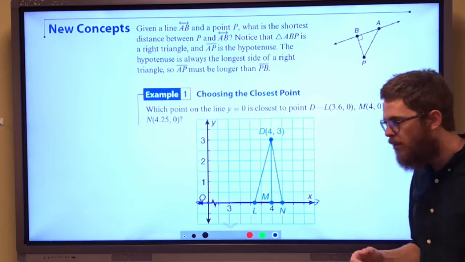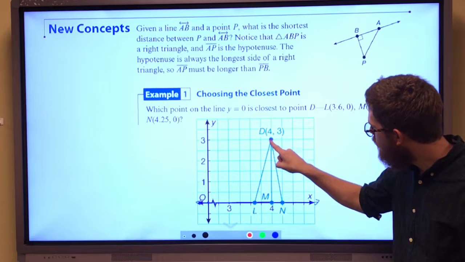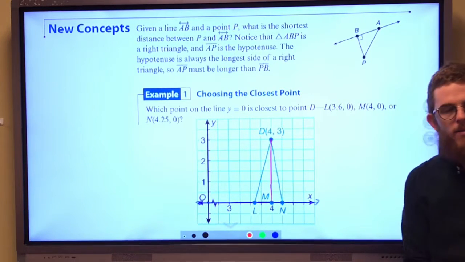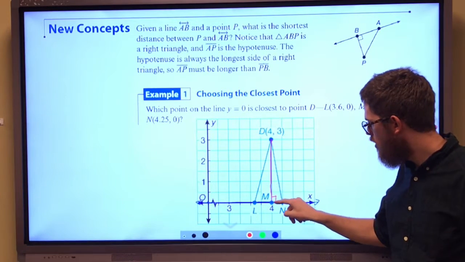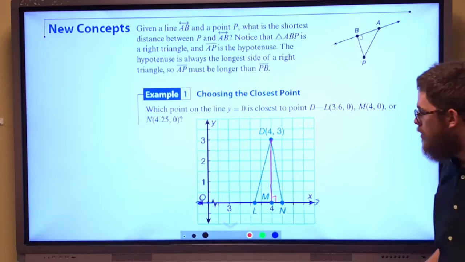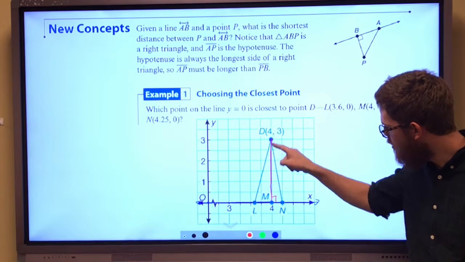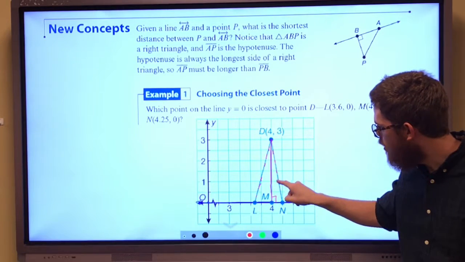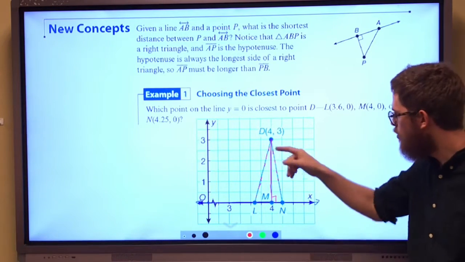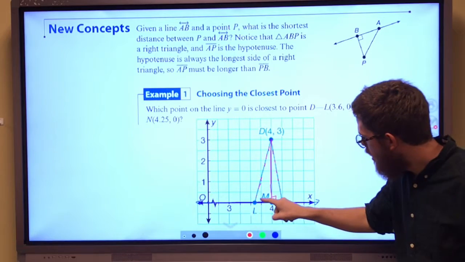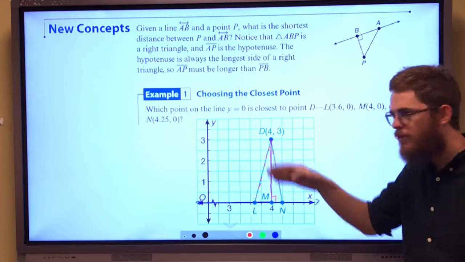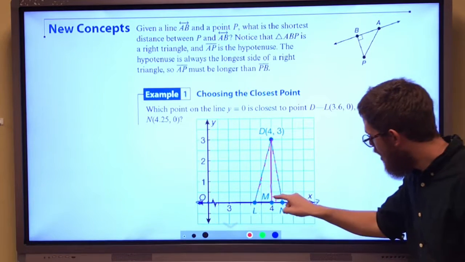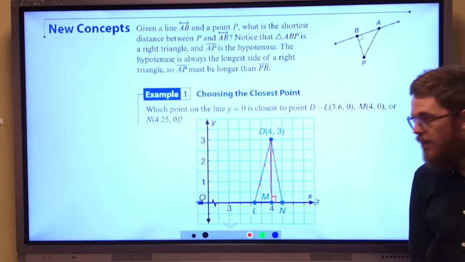Well, it's going to be the one that needs the most direct path to get there. A direct path is always going to be forming a right angle. Because if not, notice how these side lines are direct paths to point D. They are basically the hypotenuse of these right triangles that are created, because this line is at a right angle.